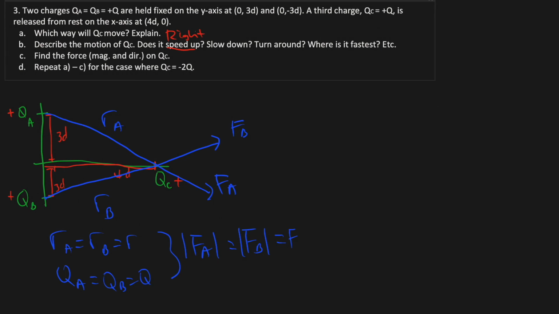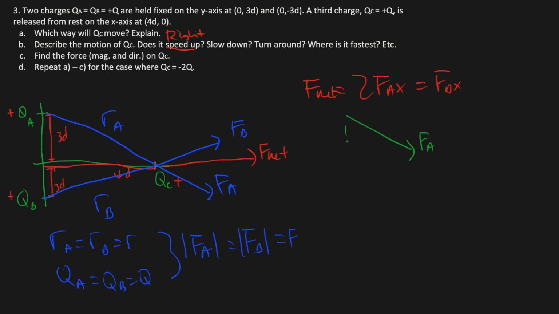So how do we find the net force? Well, let me do this. This is F net. F net is equal to 2FAx, which is also equal to 2FBx. And from geometry we know this is FA. Here is the vertical component, and here is the horizontal component.